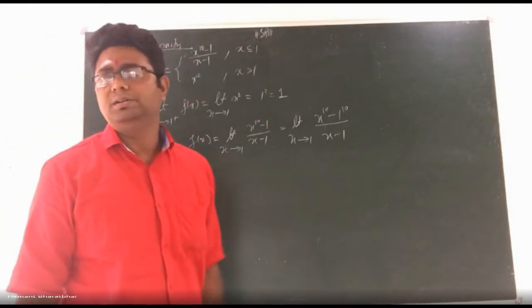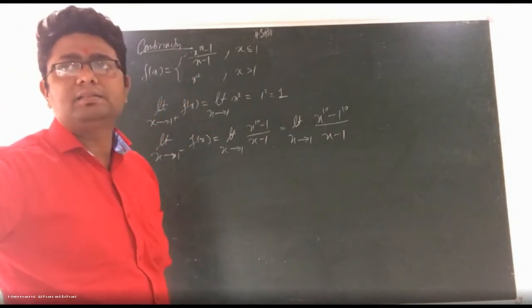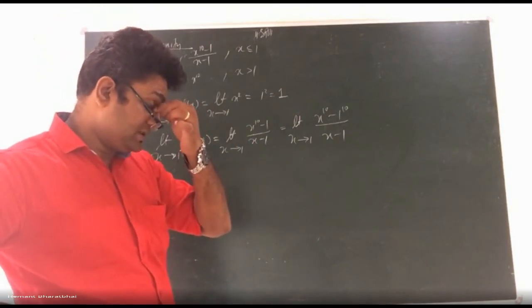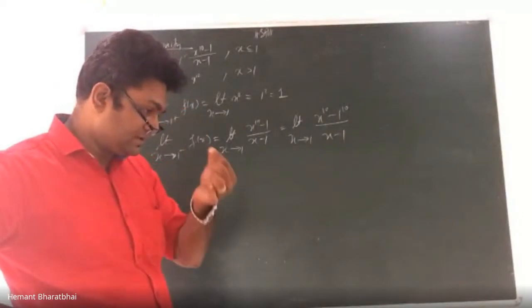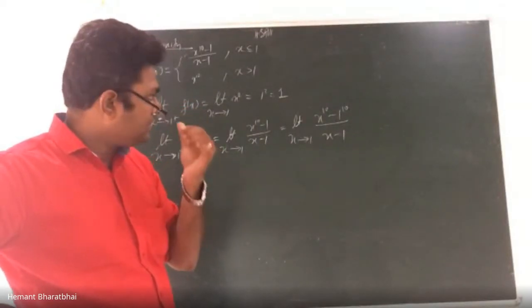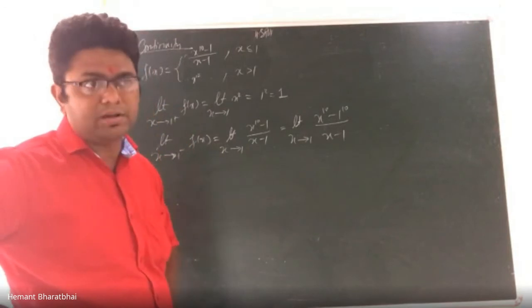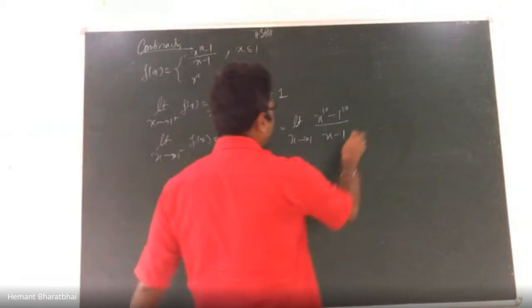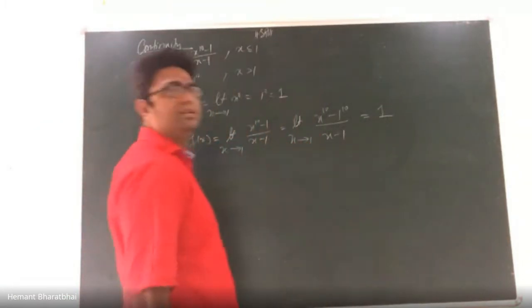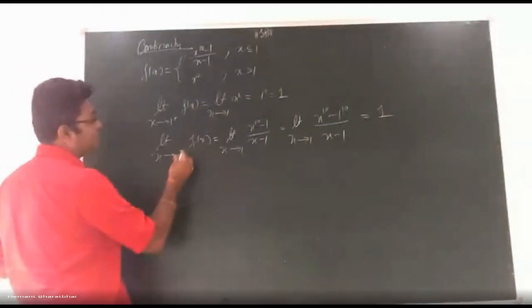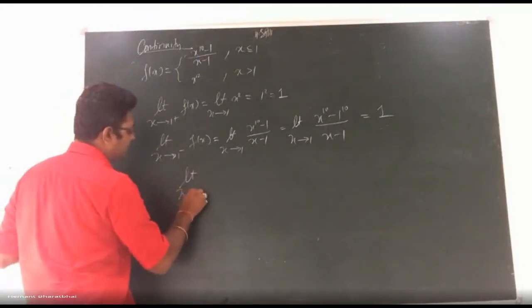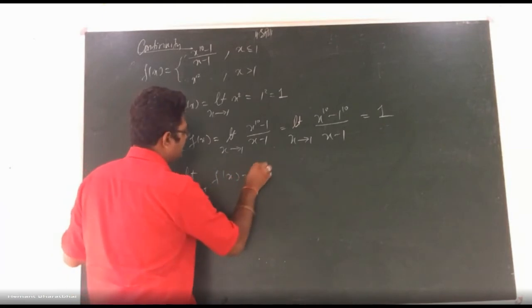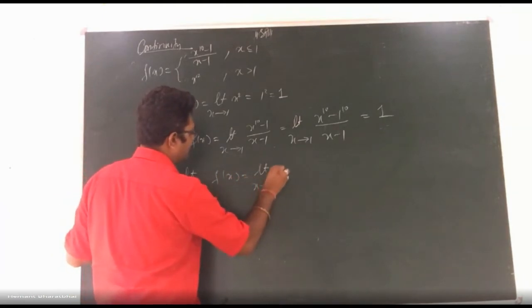Okay, so we had this. What is the formula of this? Limit of x tends to a of (x^n minus a^n) upon (x minus a) is n times a^(n minus 1). So again, this is going to give me 10 times 1, which is 10. Hmm, so this time I am getting both the limits same, therefore limit of x tends to 1 plus of f of x equals limit of x tends to 1 minus of f of x.